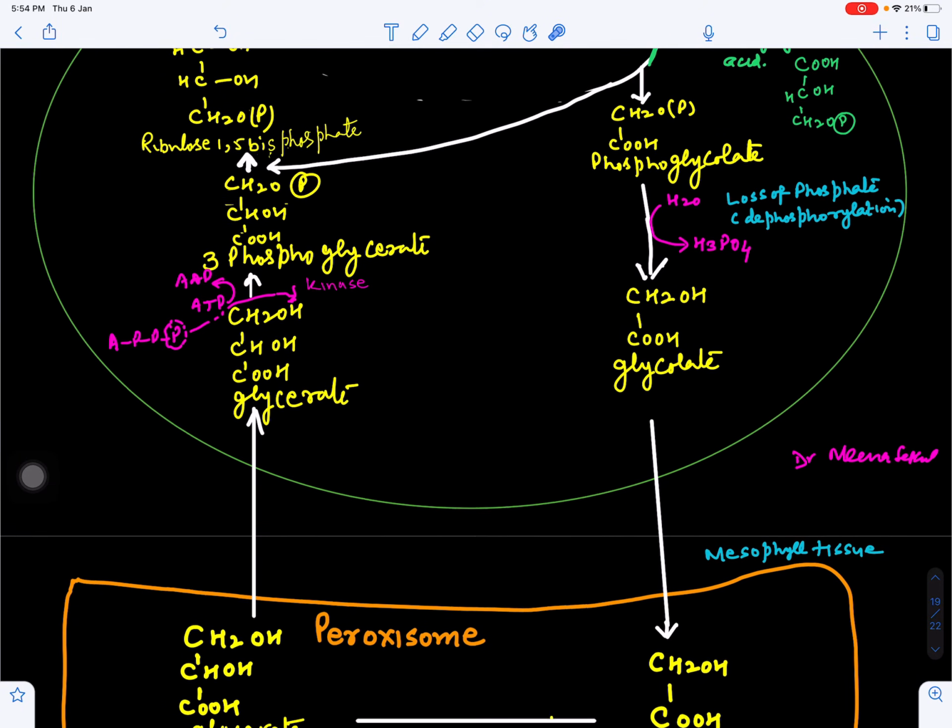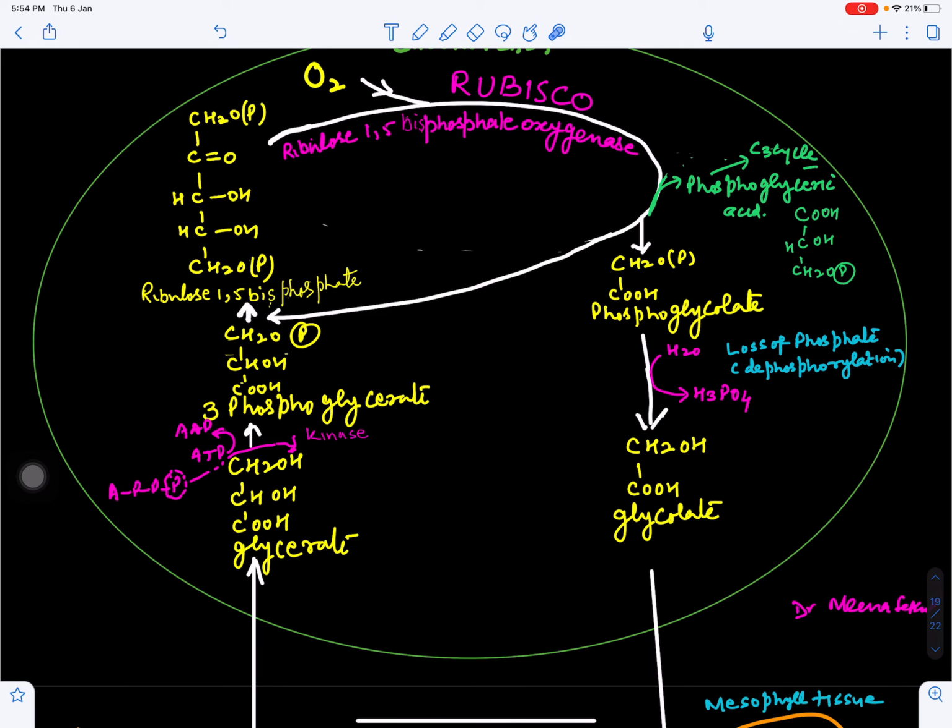Now glycerate will again move into the chloroplast. So in chloroplast, glycerate will be taking phosphorus from the ATP. What is ATP? Adenosine triphosphate. So it has three phosphates. This will get converted to ADP, and this phosphate will be accepted by this OH group in the presence of the enzyme kinase, and this will get changed to 3-phosphoglycerate.